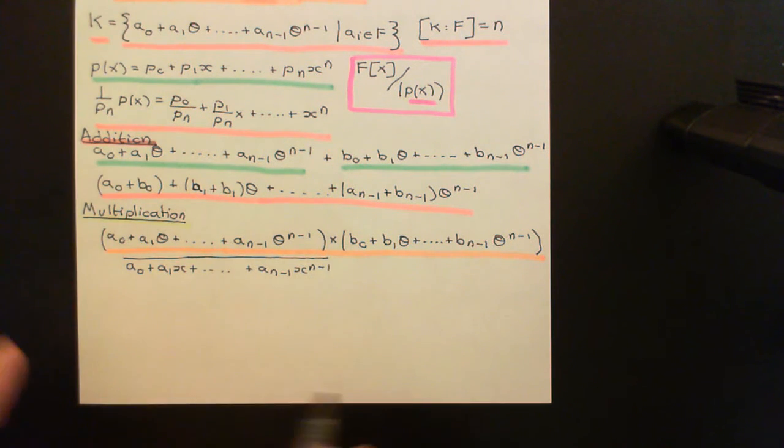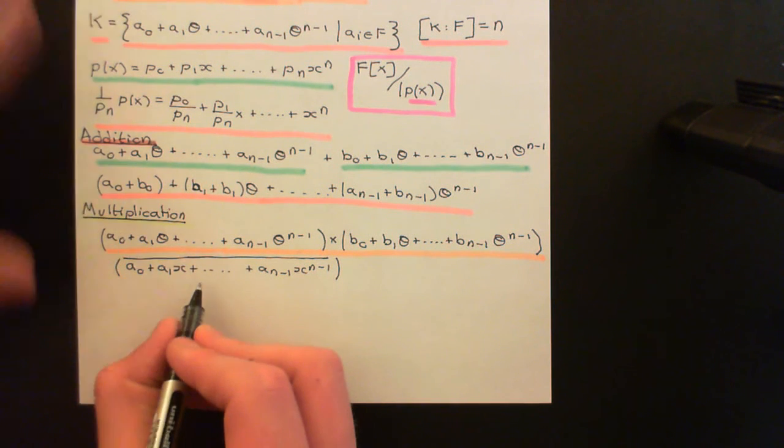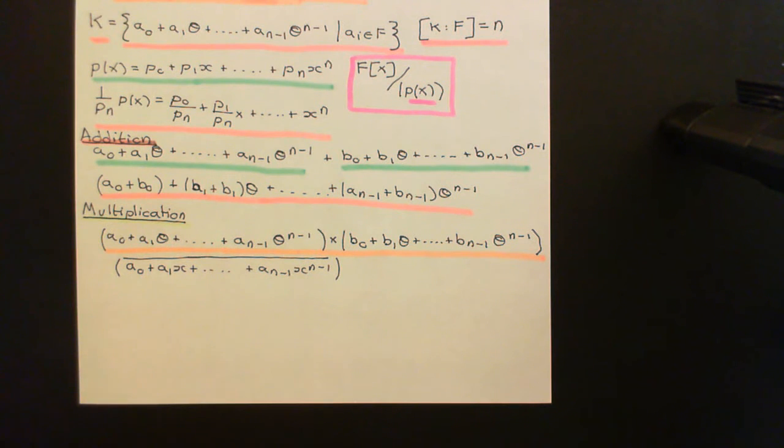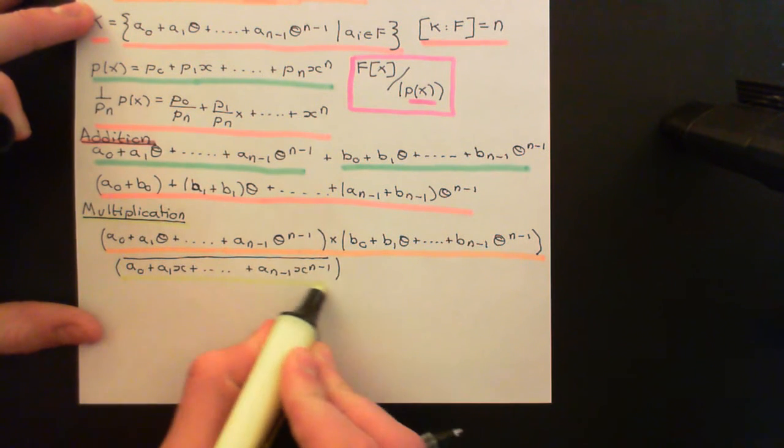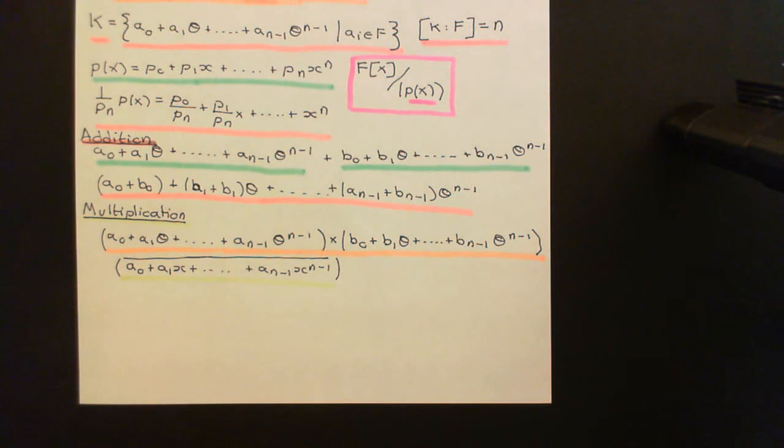Okay, and remember that in order to multiply these two together, this thing here is just the coset that contains that polynomial here. Okay, and remember the meaning has changed now. These additions and multiplications are now in the ring of polynomials over the field rather than in our field extension.